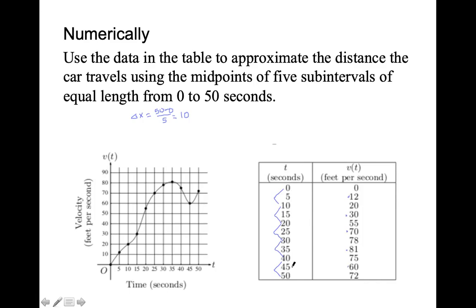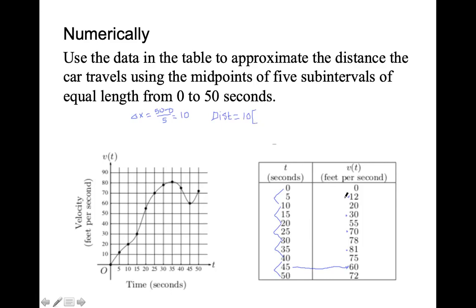All right, and if you look, these are the midpoints, right? I was going from 40 to 50, so the midpoint is 45, and I'm going to be using that 60. All right, so the distance then is going to be equal to, and I'm going to put my 10 out in front because the width of each one of these rectangles is 10, so I don't have to write it next to every one.